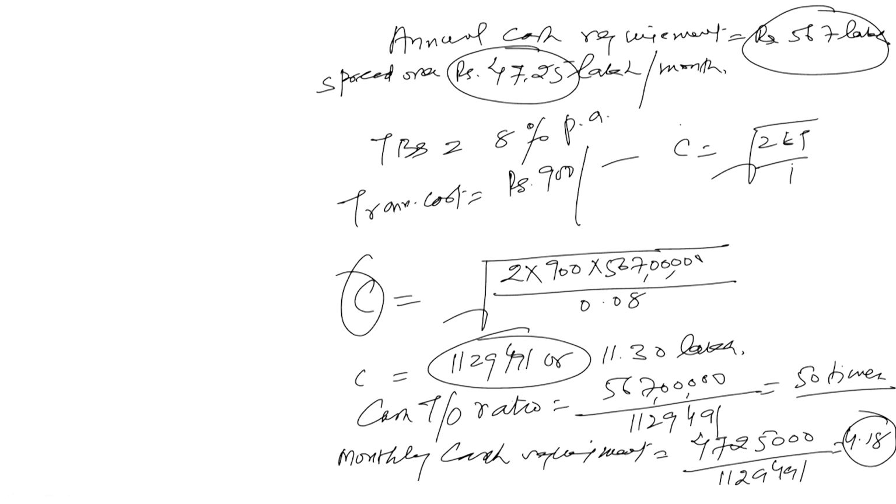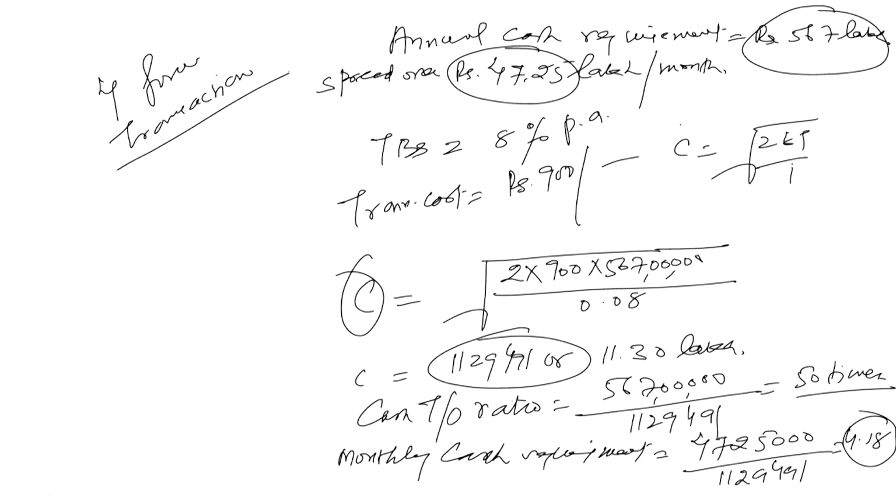There are 4 transactions in a month, and 4 times in a month the firm is converting cash into securities and securities into cash, because this 4.18 means 4 times in a month.